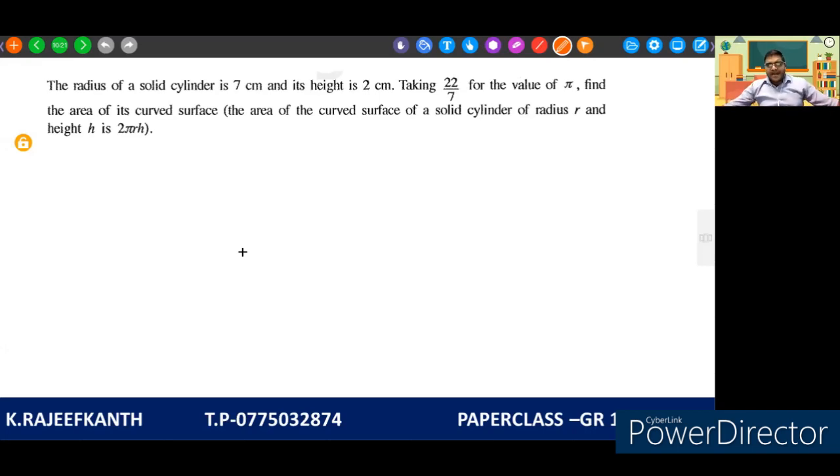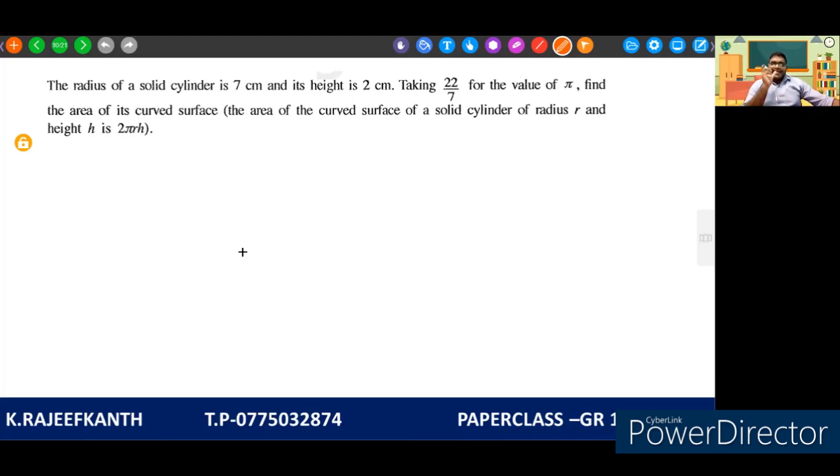How can we find the curved surface? The area of the curved surface of a solid cylinder of radius r and height h is 2 pi r h.